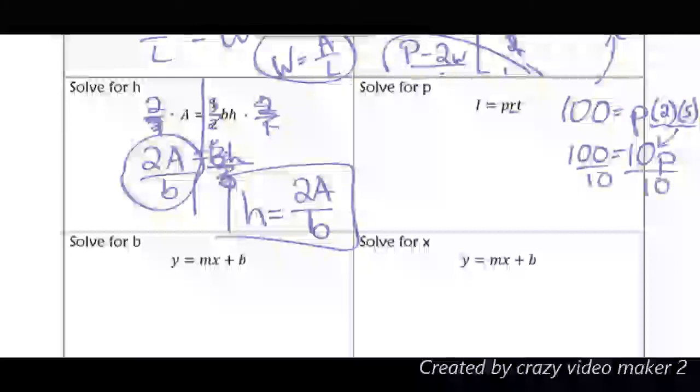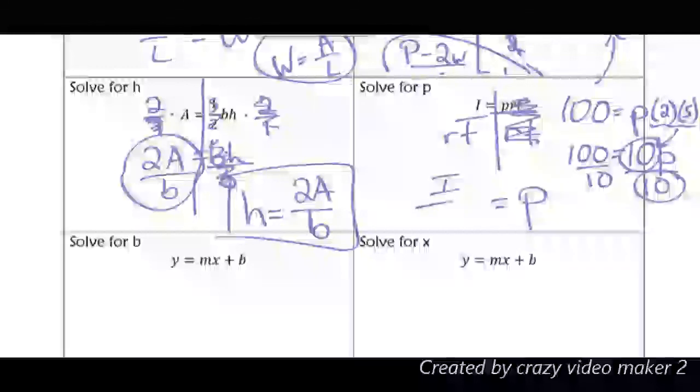Instead of dividing by R and then dividing by T, I can divide by the entire product there, just like I'm doing here. I'm dividing by 10. I'm going to divide by the whole product of RT. On the right side, it goes away. Multiplication and division basically just cancel out there. And that leaves me with P equals I divided by RT.